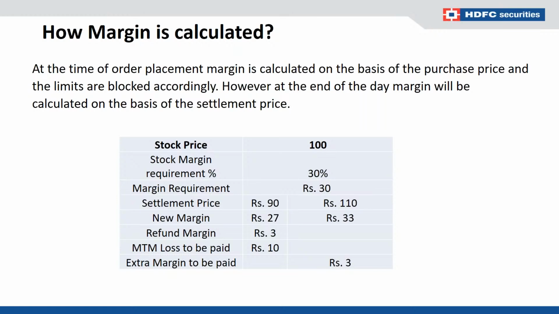In case the price goes down from 100 to 90, the new margin applicable is on 90. The customer will pay a new margin of 27 rupees instead of 30, since 30% of 90 is 27.